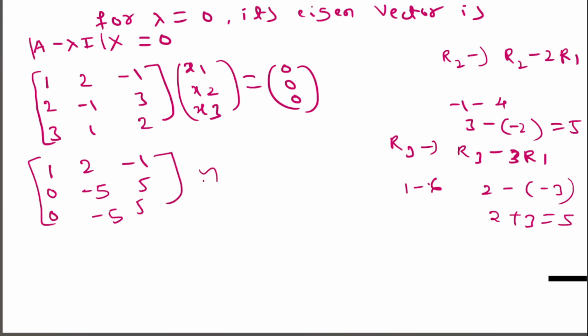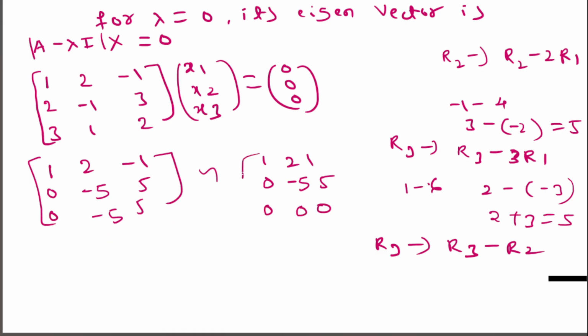Then we have to use another operation. Here see identical rows: 1, 2, 1 and 0, minus 5, 5. R3 equal to R3 minus R2. This operation can be used to make the third row 0. Hence this is 0, this will be 0 and this will be 0.